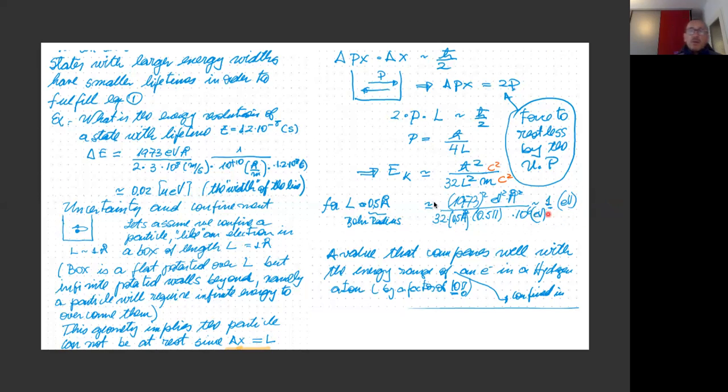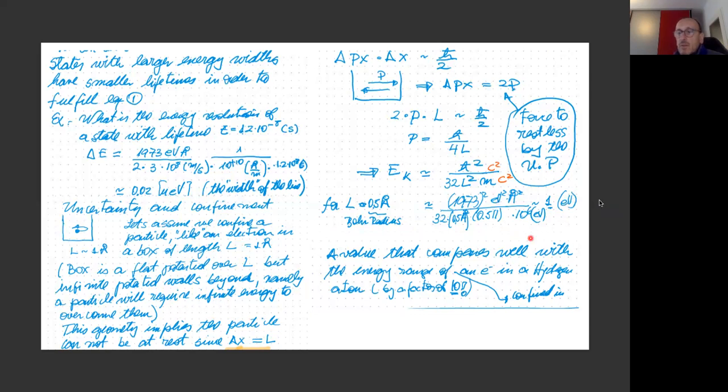So if I change the size of the box, since I made it equal to the Bohr radius to have a reasonable scale, then the minimum energy that the particle can have is of the order of 1 electron volt.